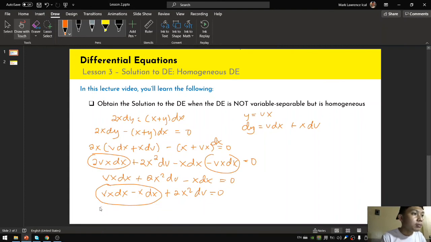So we separate, this is going to be v minus 1 x dx plus 2x squared dv is equals to 0. Alright, so okay, separable na.